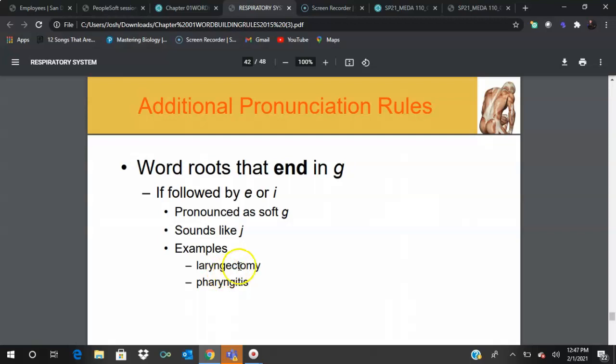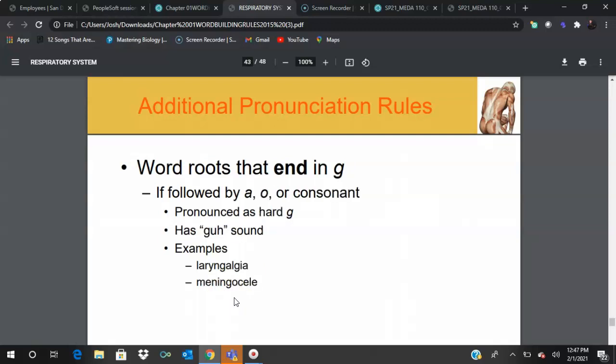This is a removal of the voice box. Come down here and we have the word laryngitis. This G is followed by an I, so it's pronounced with the J sound.